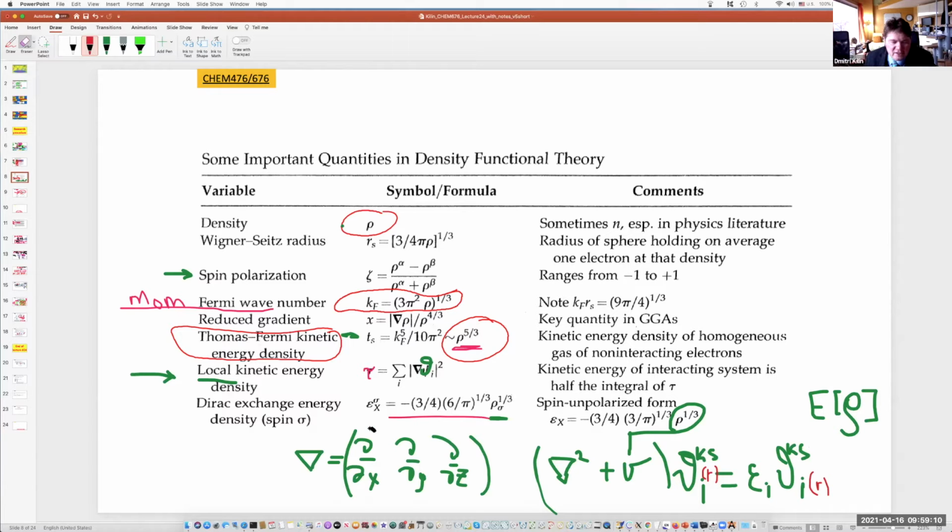And this derivative is computed in the vicinity of this point in space. It doesn't include integration over all points in space. It doesn't compare the value of the orbital at far points. So it is local in the sense that we use the standard derivative, the definition of the derivative as a limit when this increment in space goes to zero, right?